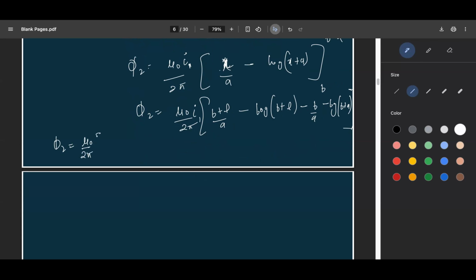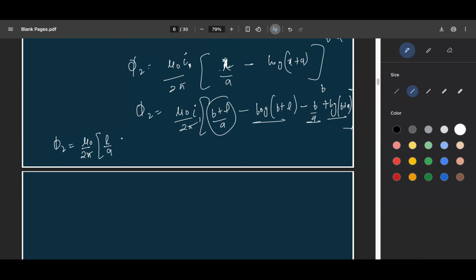2 pi. This part, attach it with this part. So b by a and b plus l by a combine, and you are left with l by a and the log terms. When you take the negative outside, sorry, this was a negative, so negative times negative becomes positive.